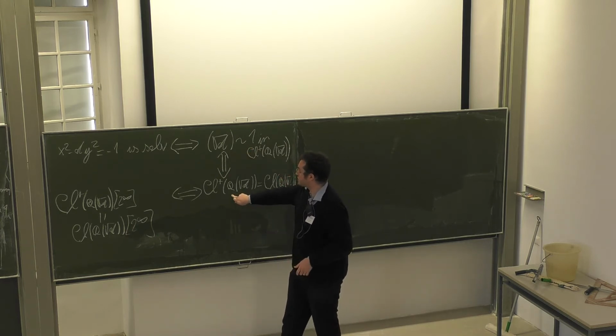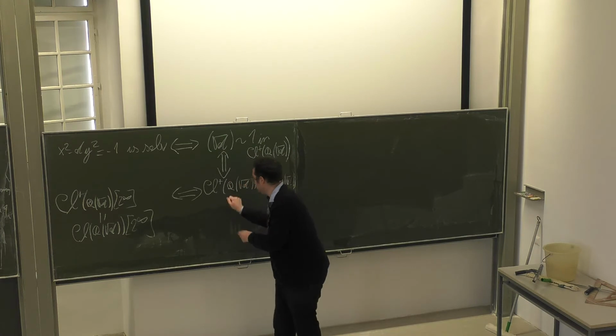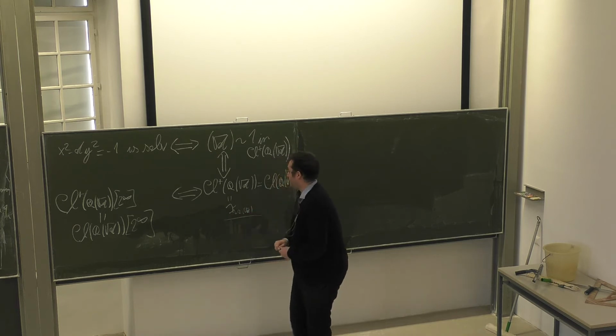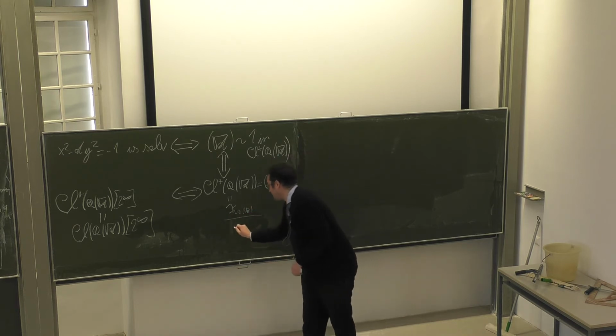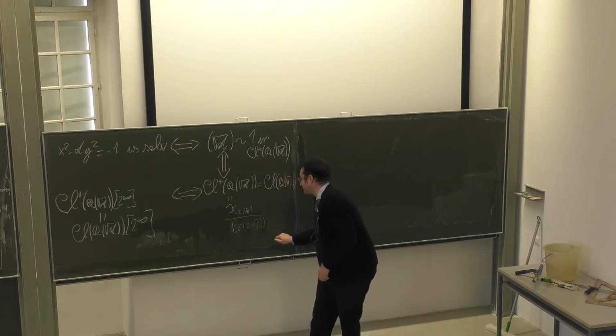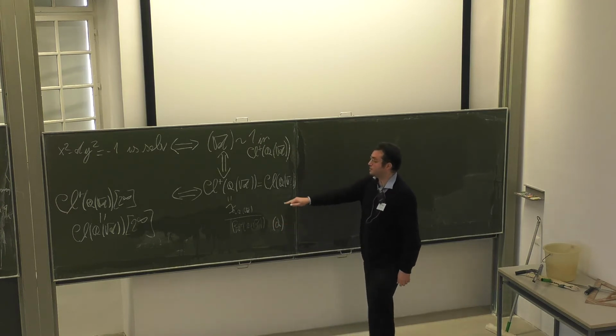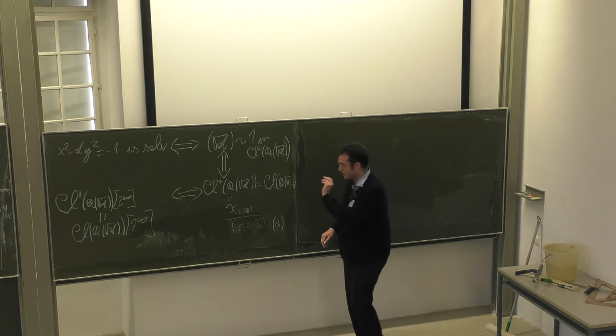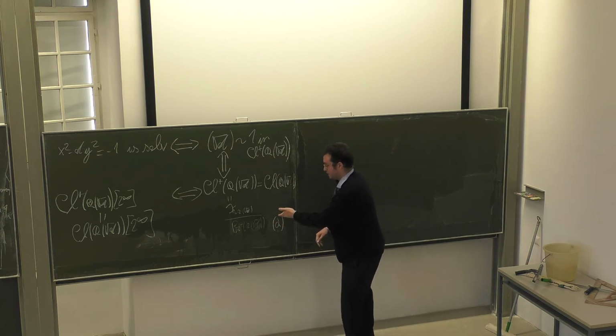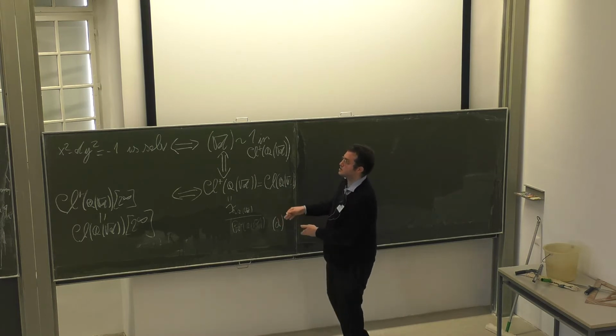So the narrow class group is the group of fractional ideals modulo the group of principal ideals which admit a totally positive generator. So these are ideals of the form (alpha), where alpha is totally positive. It's a little bit refined with respect to the ordinary class group, because there is a requirement on the sign of the generator.